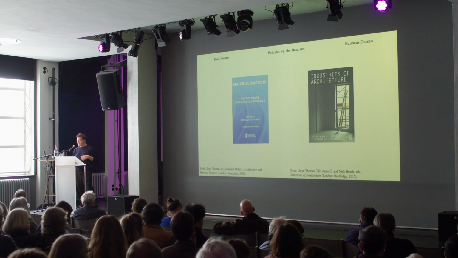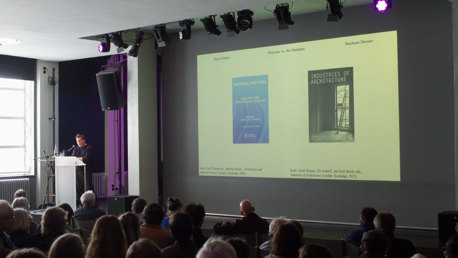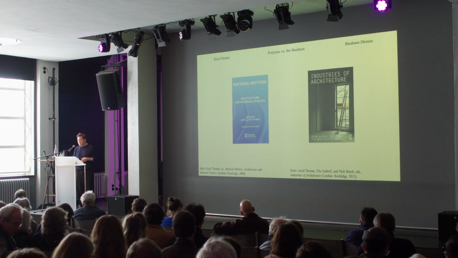So based on archival research at the State Archives of Saxony-Anhalt and also an analysis of Bauhaus sources, I propose a parallel yet entangled history. If the Bauhaus contributed to the industrialization of construction through its buildings and pedagogy, Polysius did so via cement plant manufacturing.